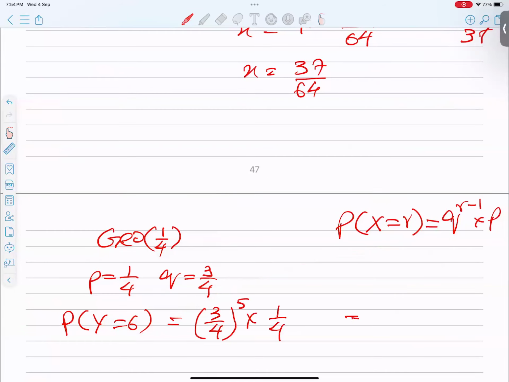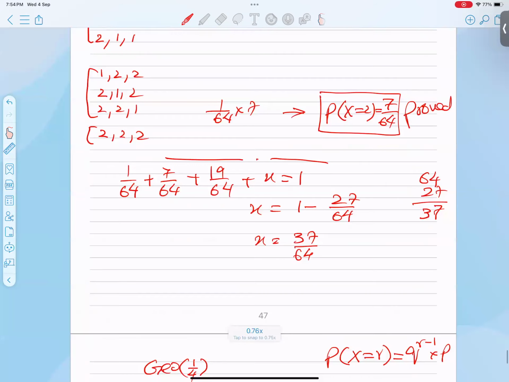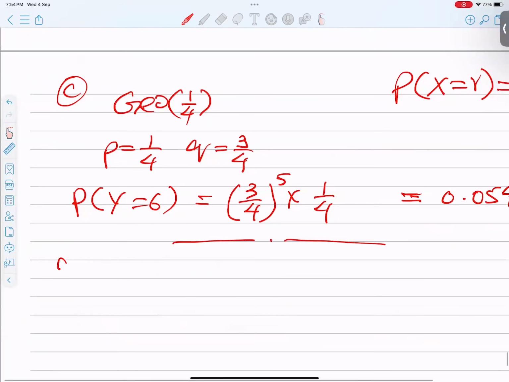When I type this in the calculator, the answer in decimal format is 0.0593. So this was part C. Part C is done. Let's go for part D.